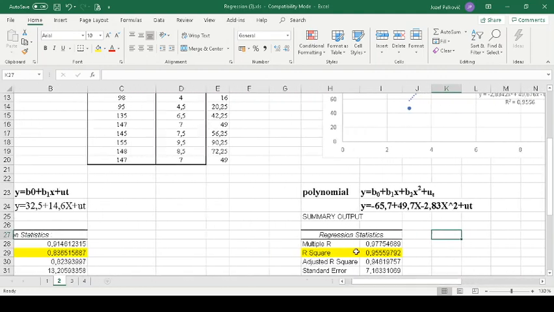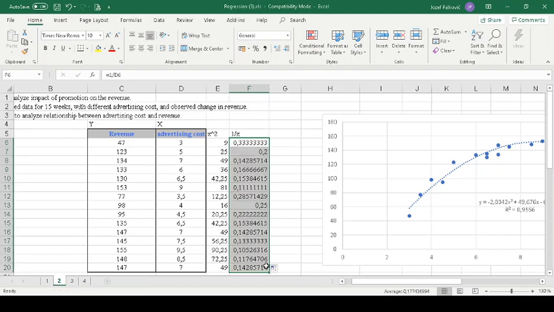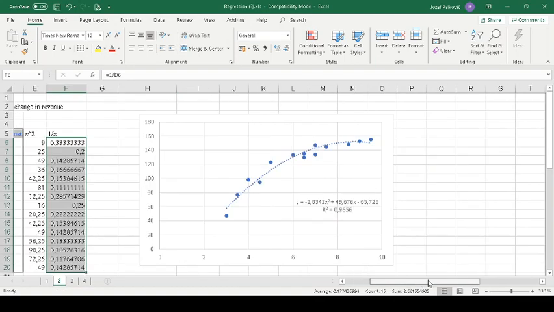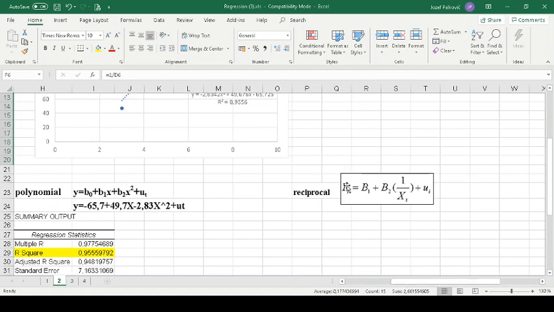Before we proceed, it's necessary to create such variable. So we will create 1 divided by x column, which will be 1 divided by advertising cost. Pull it down. Now we have values of independent variable and we can select it in Excel.